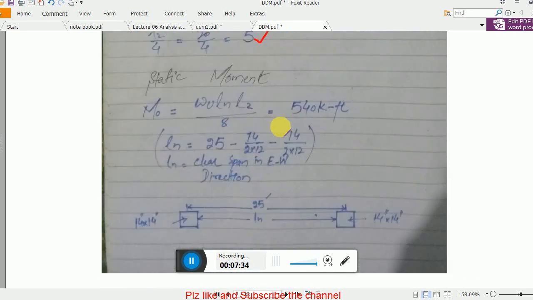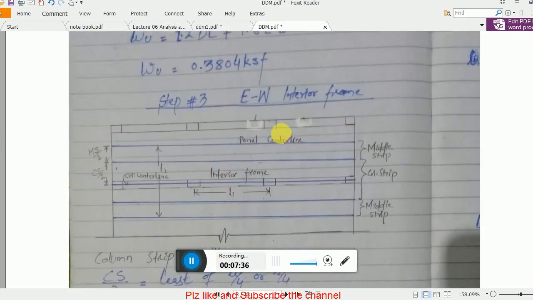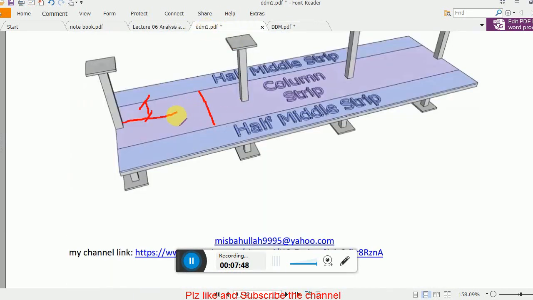Now how can you determine the rest of the widths? Remember this length is basically 5 feet. This is 5 feet, so this one will also be 5 feet because this is also column strip divided by 2. Let me show here. Remember, this is 5 feet from the column center line, as column strip is divided by 2.